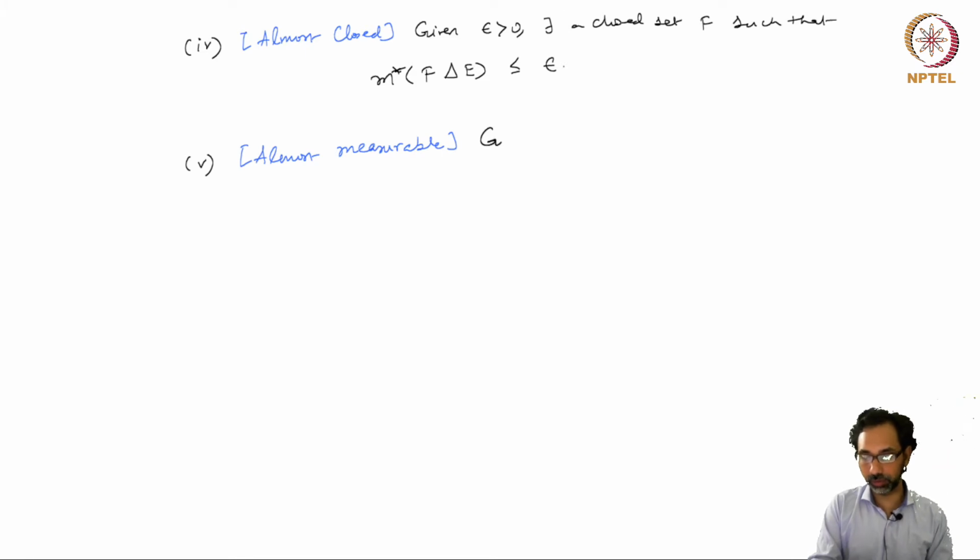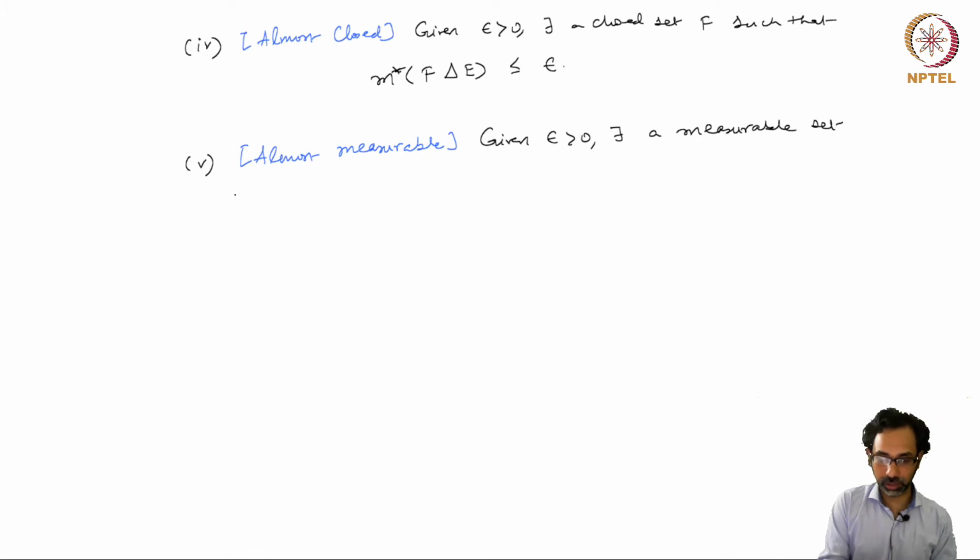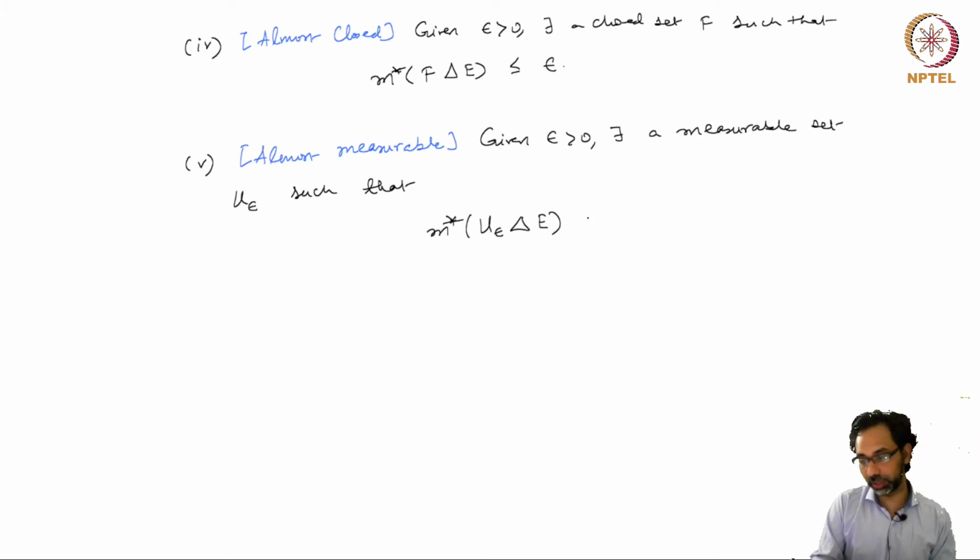This says that given epsilon greater than 0, there exists a measurable set U epsilon such that the outer measure of U epsilon symmetric difference with E is less than or equal to epsilon.